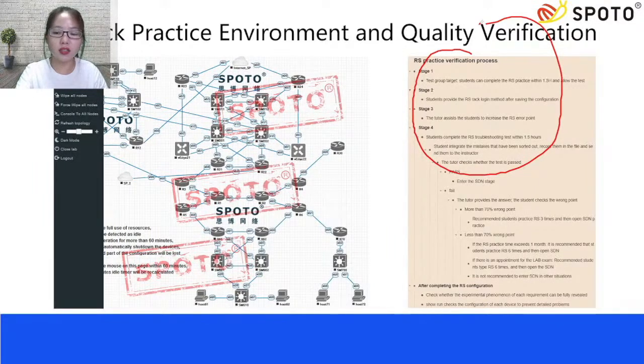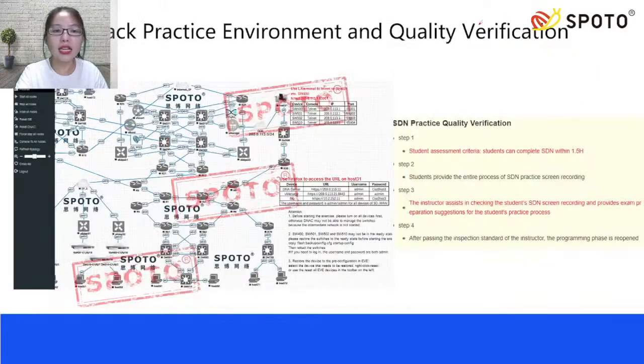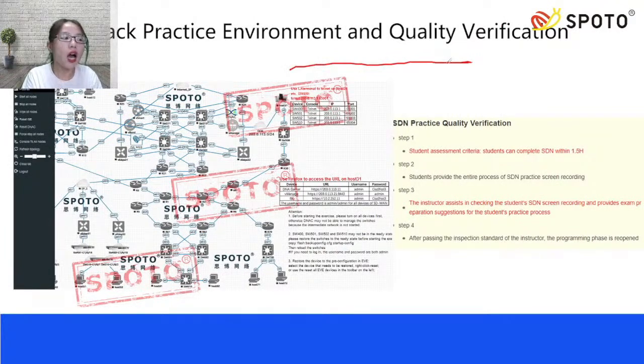And this part is about the SDN practice environment and quality environment. This is a complete practice environment including routing and switching, SDA and SD-WAN, and programming, which is 99% identical to the test room.